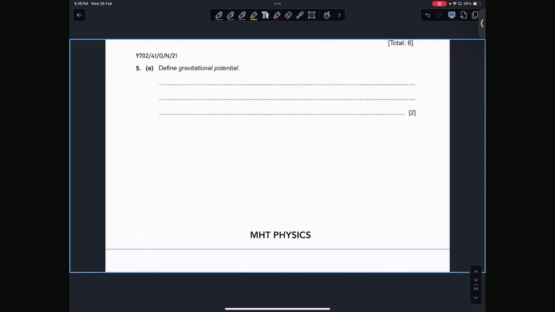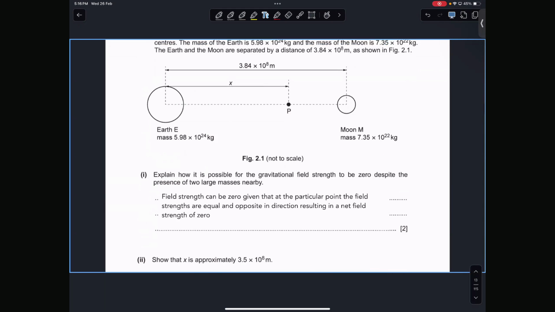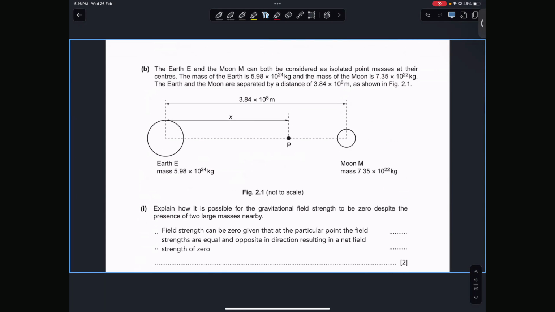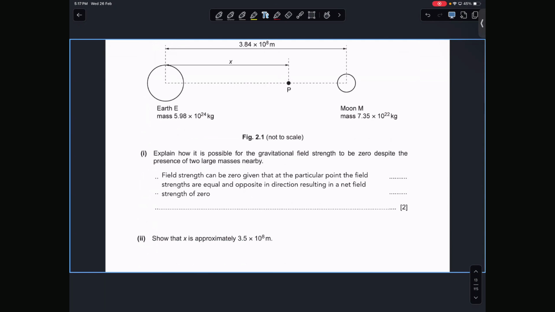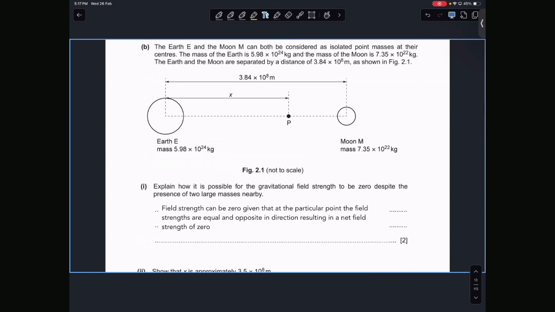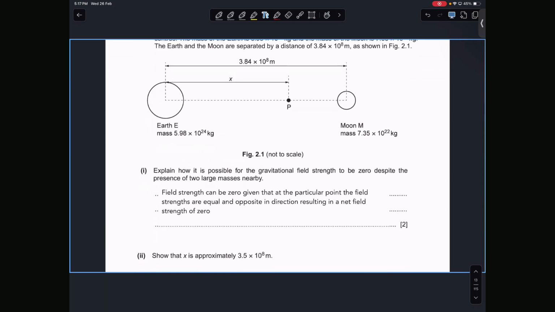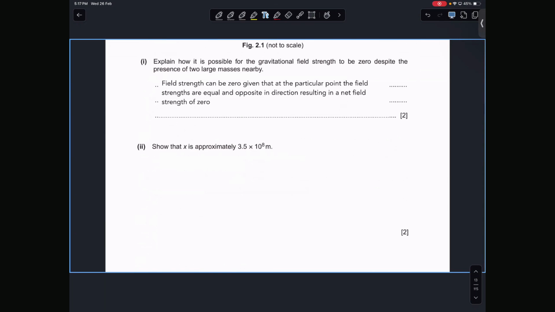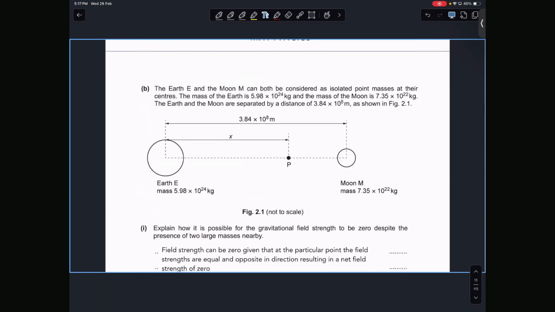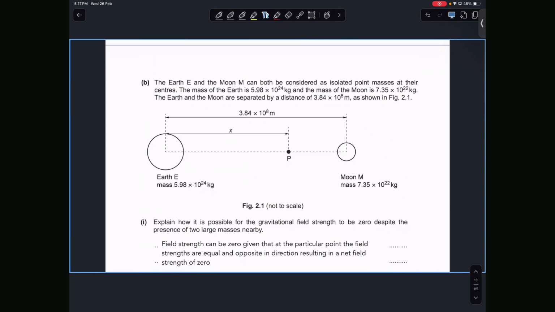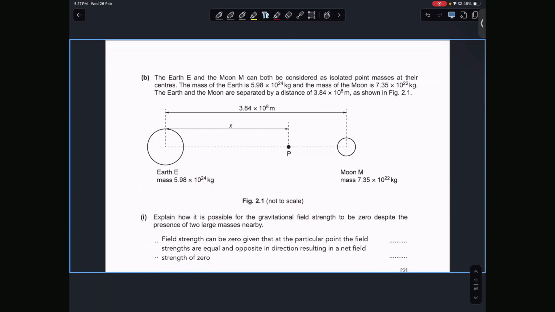No, but where does it say p is a null point? No, I know that, but they have to mention this null point, right?